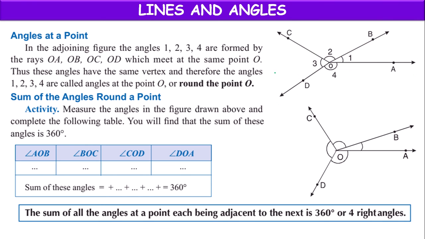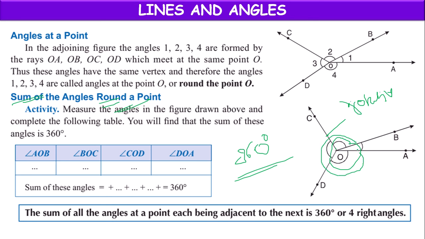Here, the sum of angles around a point, as we have already learned in our previous concept, means it makes one complete rotation, whose angle is 360 degrees.